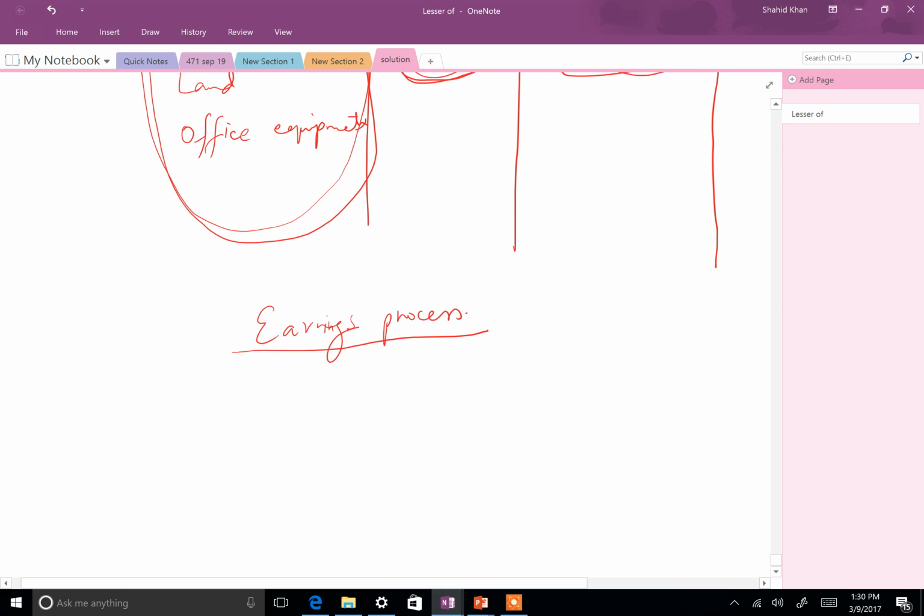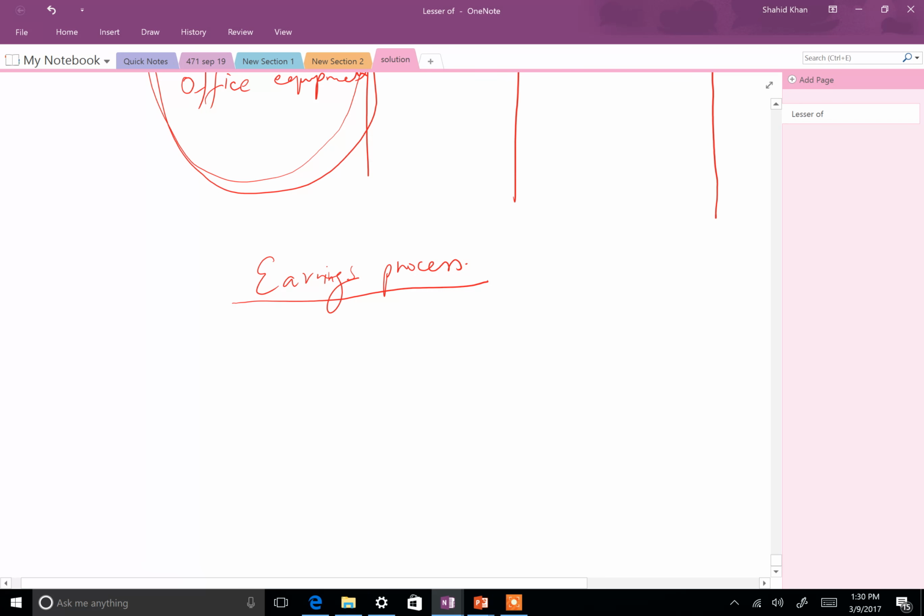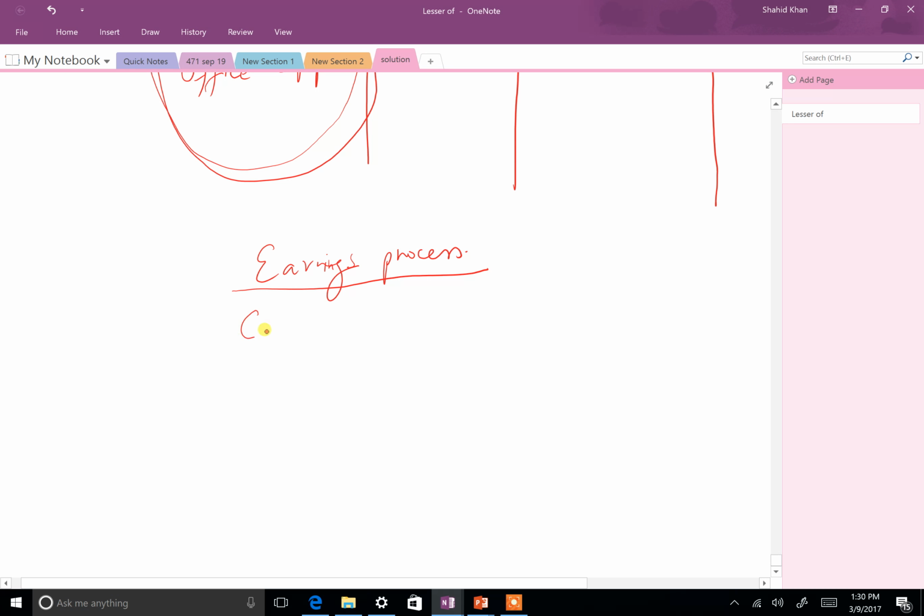So now we are talking about the earnings process. There are certain accounts that represent the earnings process, and the first one here is called consulting fees earned, and that is $14,000. Remember, this is the money that's coming in.